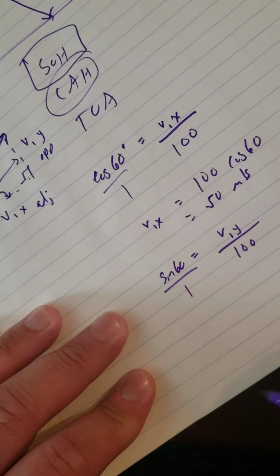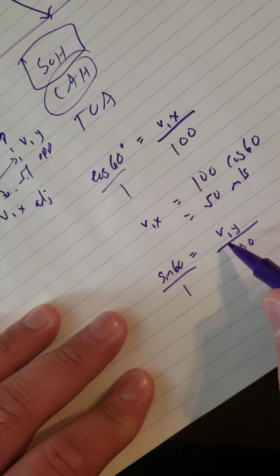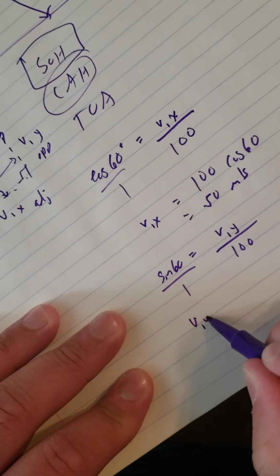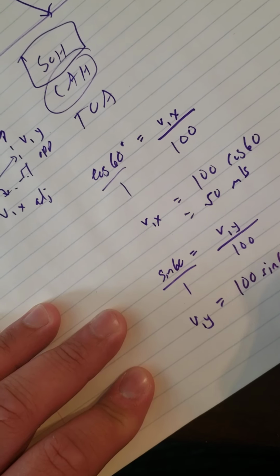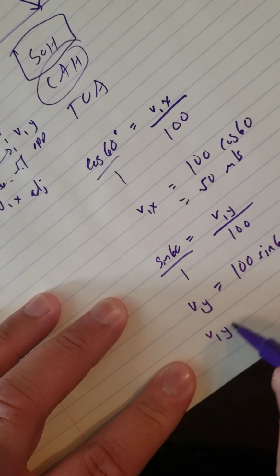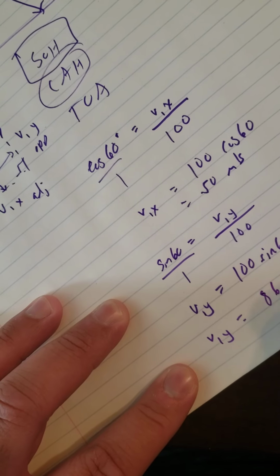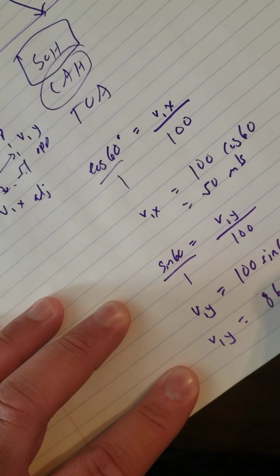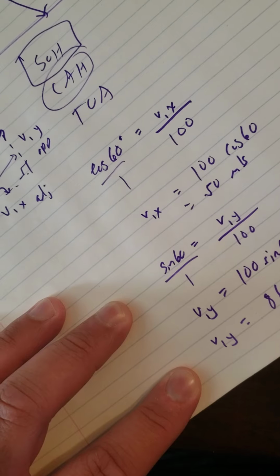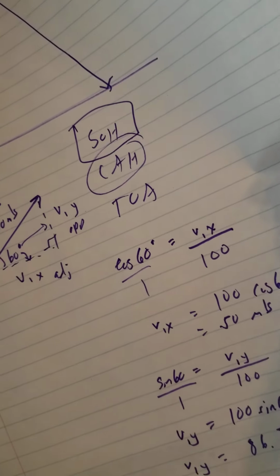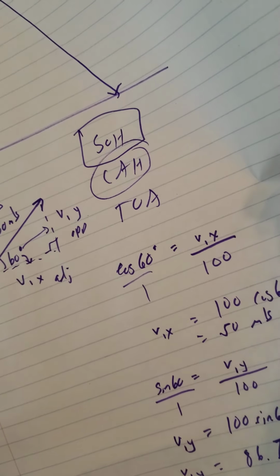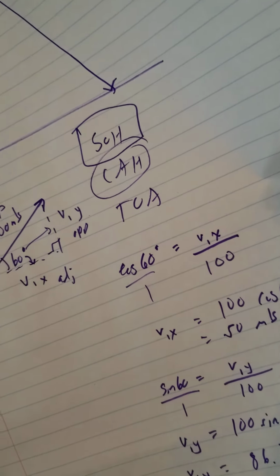Setting over 1 and then cross multiplying again, V1y times 1 gives me V1y. 100 times sine 60 gives me 100 sine 60. So that gives me 86.6, actually 86.7 if I'm rounding properly, meters per second. Okay? So that gives us the components of our initial speed.